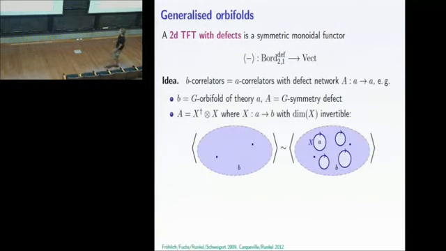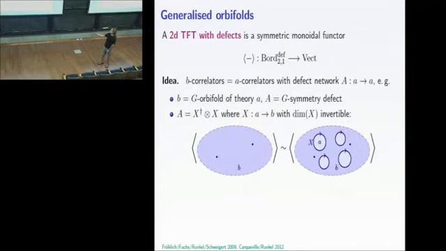Another class of generalized orbifolds is where we are in the situation, again, where we have two possibly very different theories, A and B, and the defect X between them, which has the sole additional property that its quantum dimension is invertible, meaning that if we compute a correlator in B theory, where by the dashed lines they indicate that this is not the whole Bordism or world sheet, but just a small part of it, there might be a lot more going on outside.